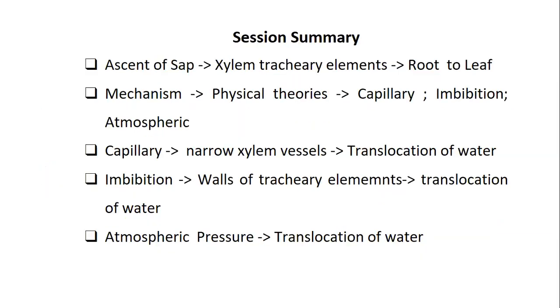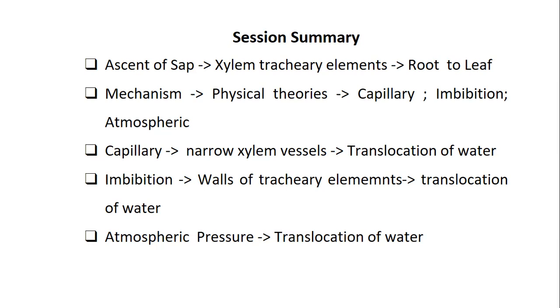To sum up this session, ascent of sap is the translocation of water through the tracheary elements of the xylem from the root to the leaf. Physical theories which explain the mechanism of ascent of sap are capillary theory, imbibition theory, and atmospheric pressure theory.